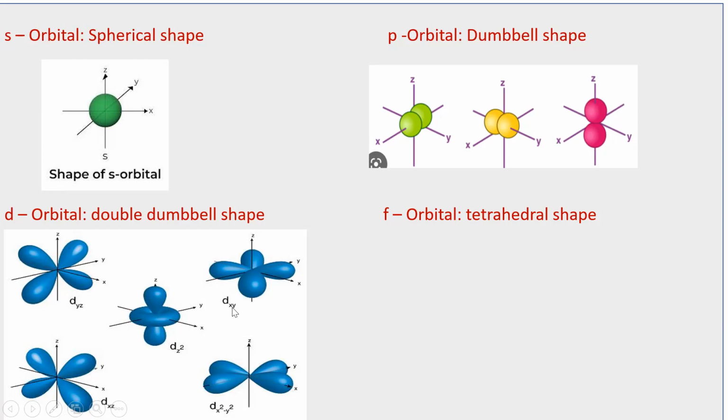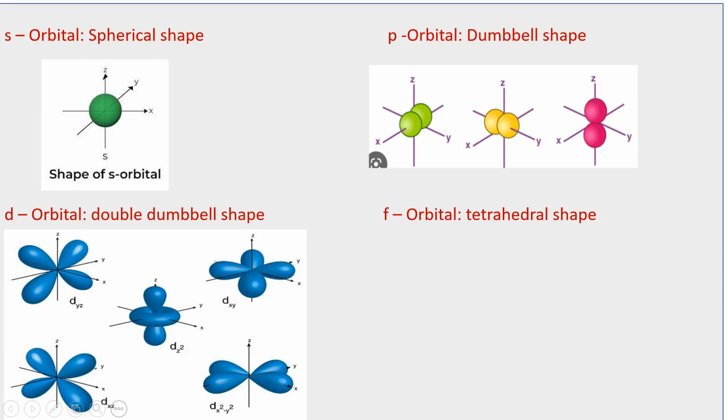Here it is mentioned xy, which means it is present in the xy plane. And here dz square means it is present along the z axis. The electron movement will be along the z axis mostly.